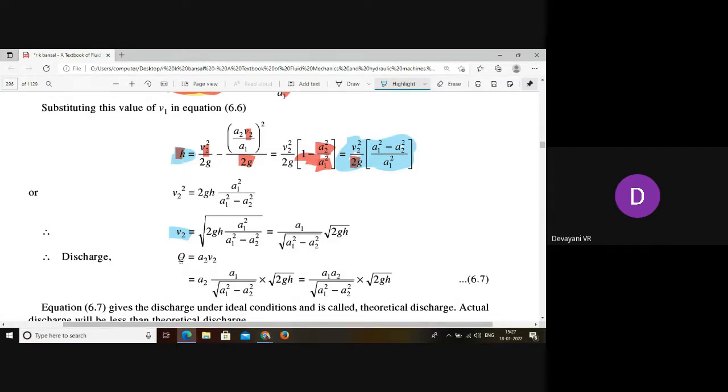And we know that the discharge is nothing but Q equals A2 V2 at section 2. The discharge at the outlet will be A2 into V2.